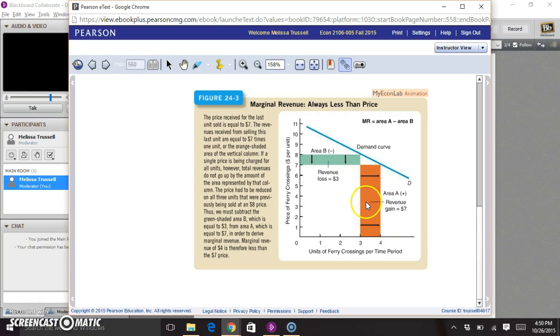And in choosing that price, we both gain some and lose some. So our total marginal revenue is always less than our price.